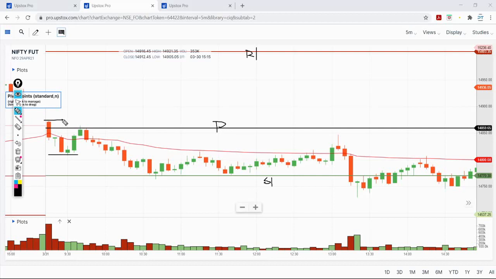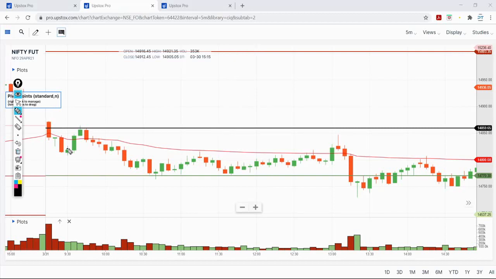If you just remove 15 to 20 minutes and then look, if price is roaming in between pivot and R1 or pivot and S1, there is a higher possibility that Nifty, in this example, can be in a sideways mode.